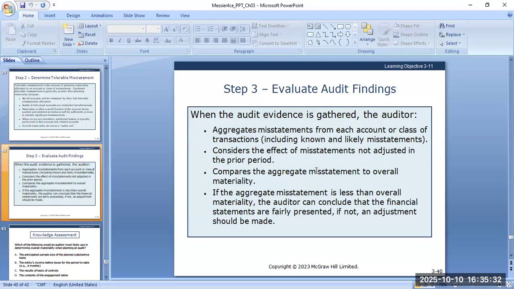We're going to compare the aggregate misstatement to the overall materiality. And if the aggregate misstatement is less than the overall materiality, then we can conclude that the financial statements are fairly presented. So that's how we're going to evaluate the audit findings.